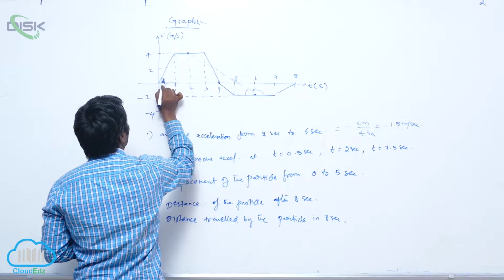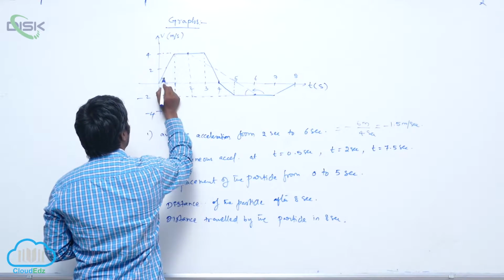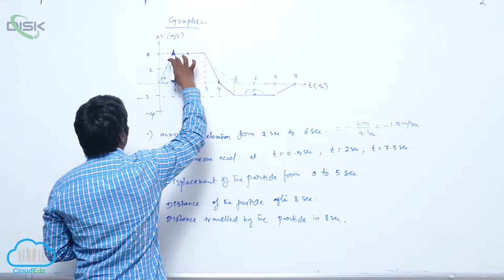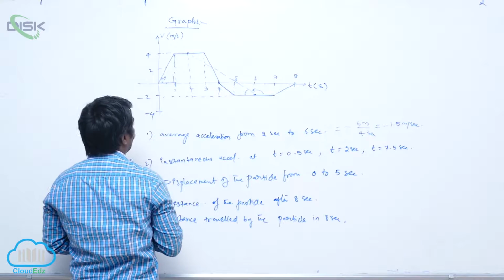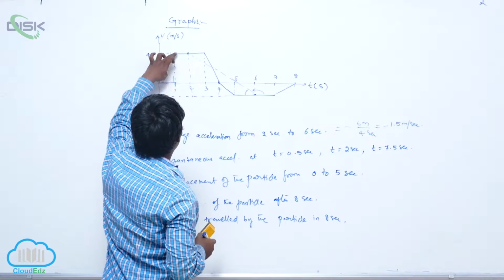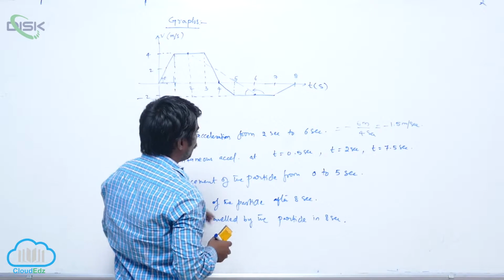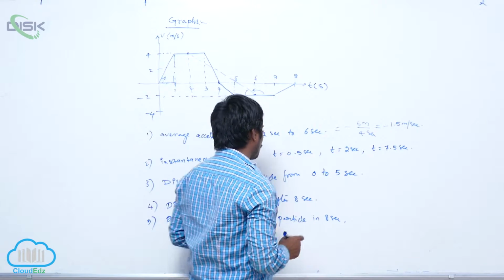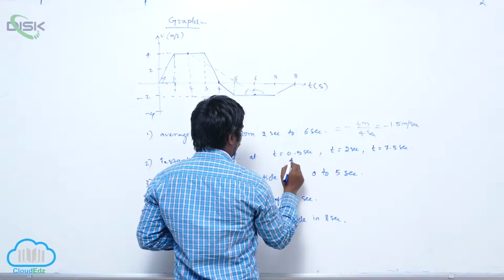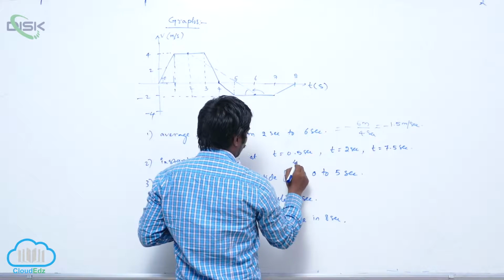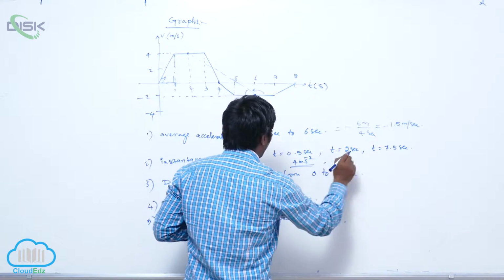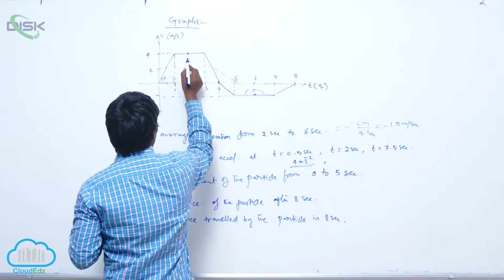So its slope means this theta, tan theta means this opposite by adjacent, that is 4 meters per second by 1 second, so 4 meter per second square. So at t equal to 0.5 seconds it is 4 meter per second square.